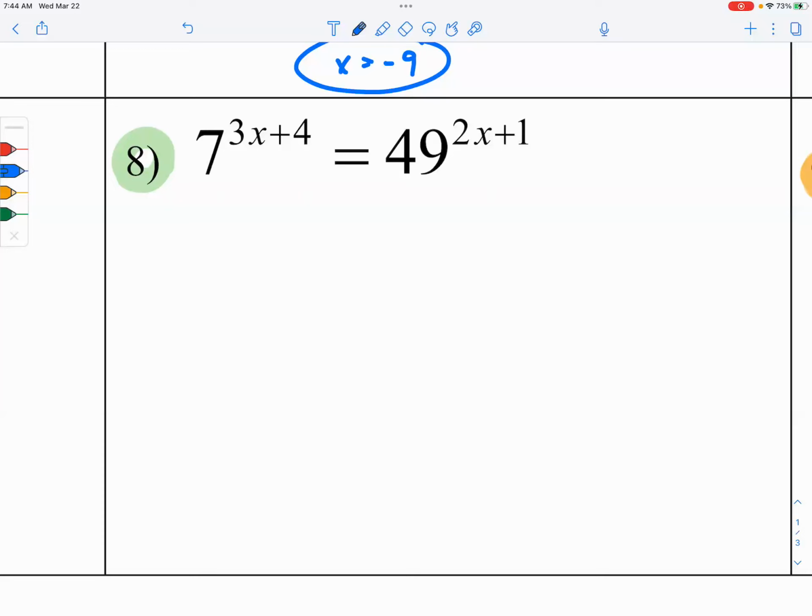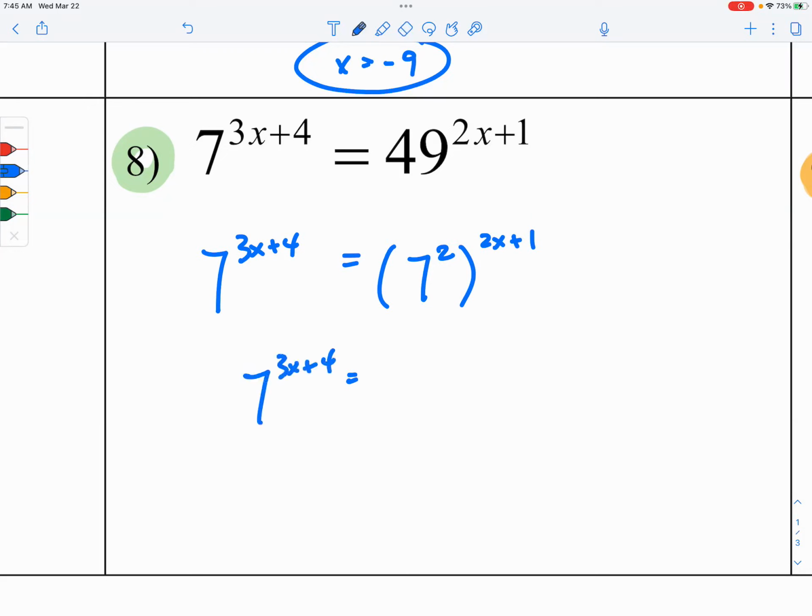So when you look at questions like number 8, you would see that the common base would be 7. So then you would know the number that you would have to rewrite would be the 49, which is going to be 7 squared. And the right-hand side, I'm sorry, my bad, I'm jumping a little bit faster than I should.